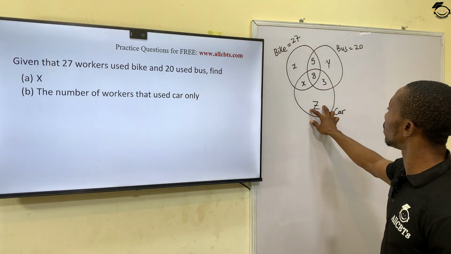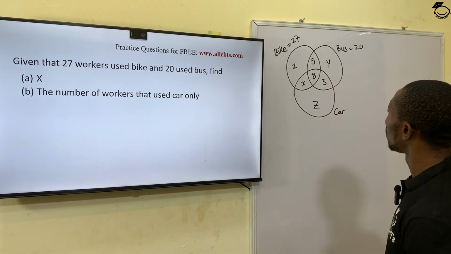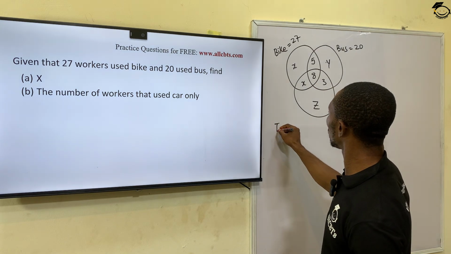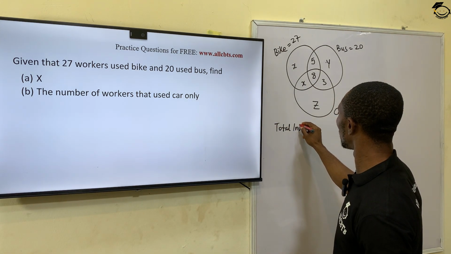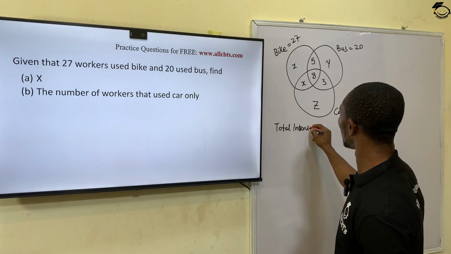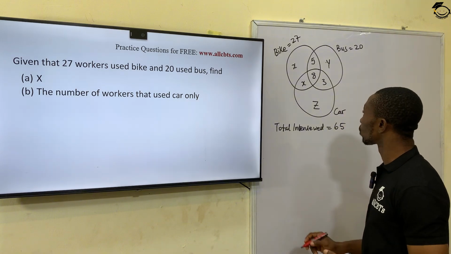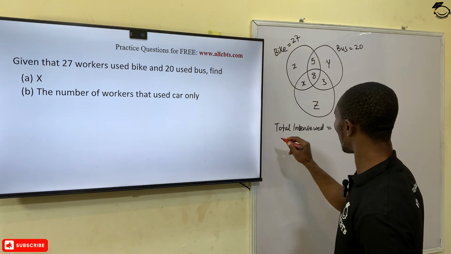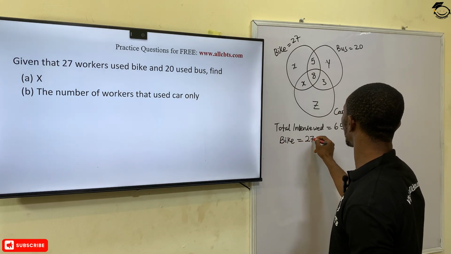Now, in doing this, from our question, we are told that the total interviewed are 65, and the total number of people that used bike are 27.